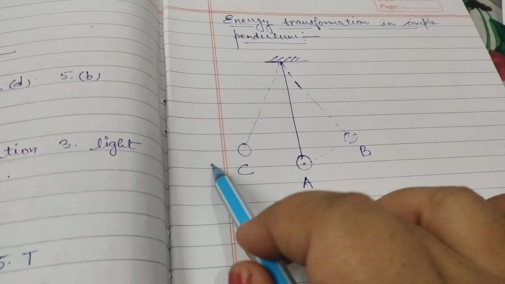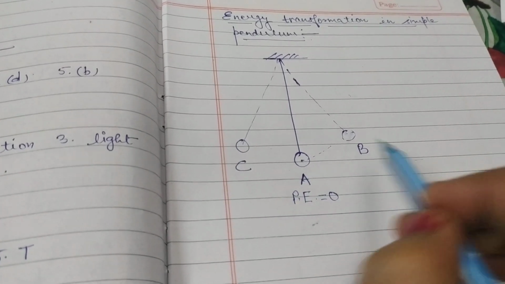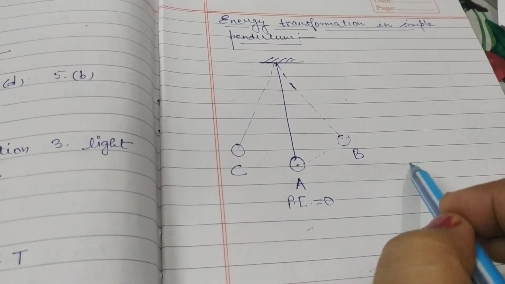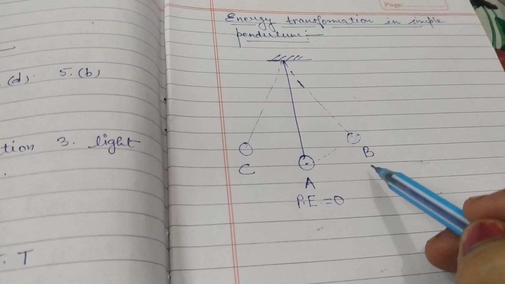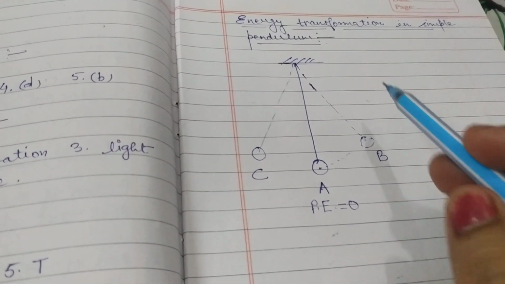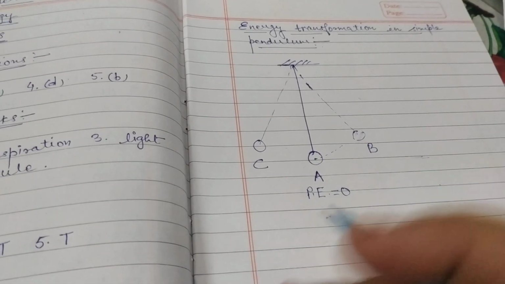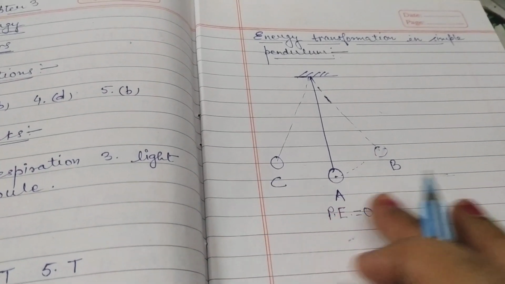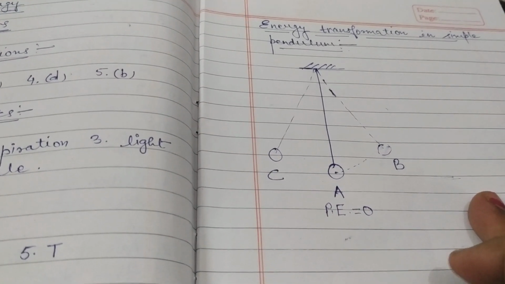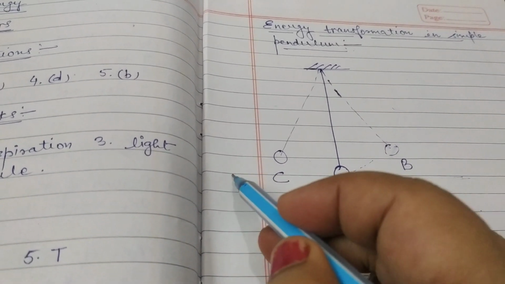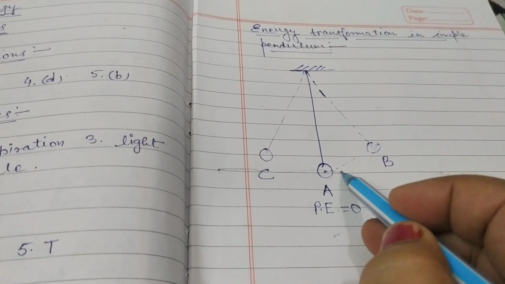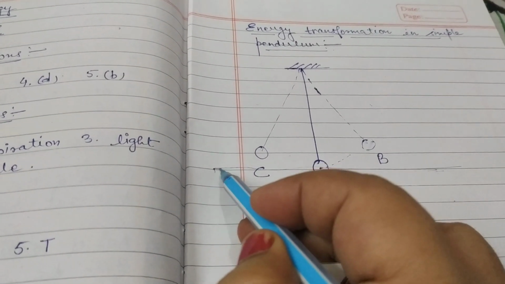Because we consider this point to be the reference point, this line to be the reference line. So from here we will study the height, because below this the height is the same for all, so we just assume a reference line. All the height will be measured from this line which is passing through the center of the bob.